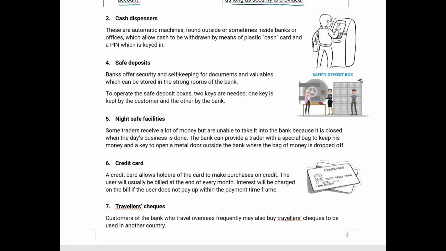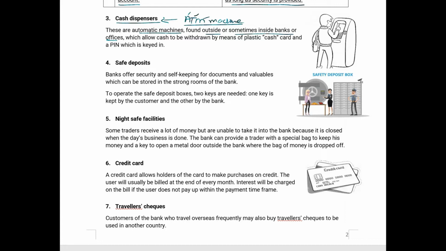This one is what you are always familiar with. We call it the ATM machine. Cash dispensers are actually ATM machines. ATM means automated teller machine. They are automatic machines found inside or outside the bank, or maybe in a supermarket or office.